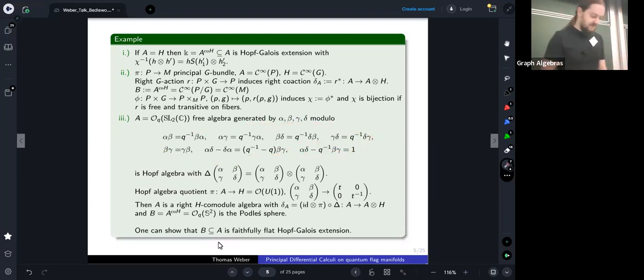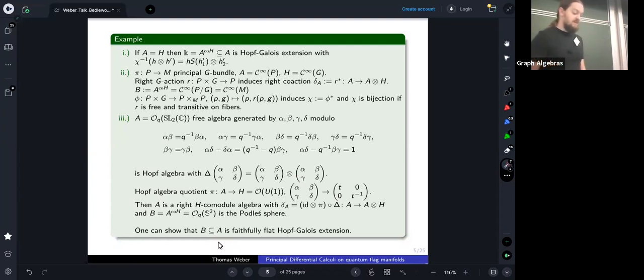You can show that it is a Hopf algebra with the coproduct written here in matrix co-multiplication. So we have also seen what this means. For example, the coproduct of alpha will just be alpha tensor alpha plus beta tensor gamma. That's really just matrix co-multiplication. I don't even write the antipode, but it's done in a similar way.